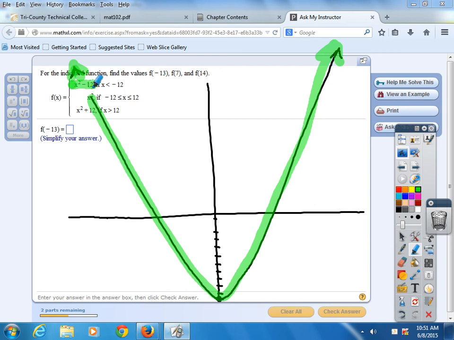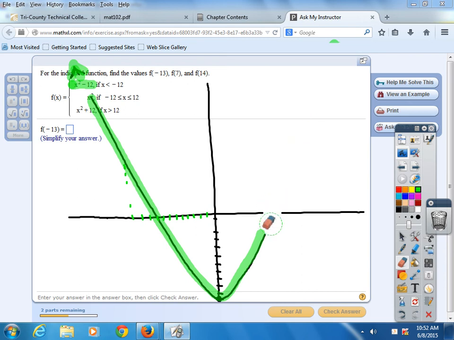But we're only interested in x less than negative 12. So we count 1, 2, 3, 4, 5, 6, 7, 8, 9, 10, 11, 12, and cut everything else off with our eraser.